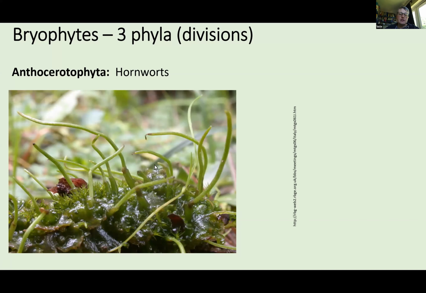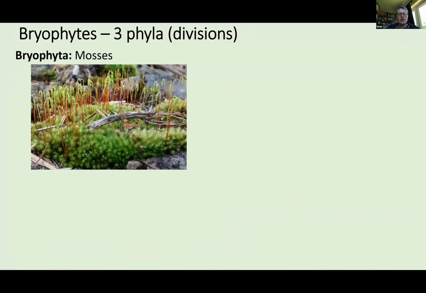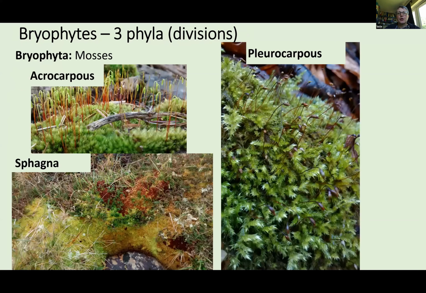These are the fertile parts, the green spiky things. The difference is obviously in the way the reproductive structure looks, completely different from liverworts. And the final division is the Bryophyta, so the mosses, the true mosses, of which there are 3 different types: acrocarpous mosses, pleurocarpous mosses, and Sphagnum. Don't worry about the terminology, we'll go through the different types a bit later. So that's just for you to have a bit of a general idea of what's what.